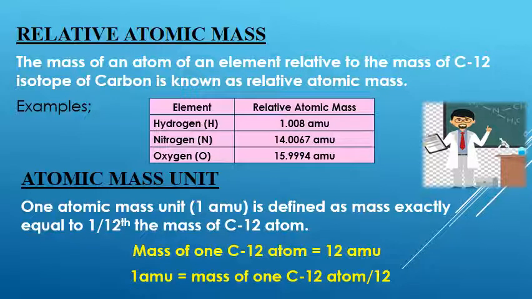So 1 AMU is the mass of one C12 atom divided by 12. AMU is the unit that is used to describe relative atomic mass of different elements, and relative atomic mass is the older terminology for the modern day terminology known as atomic mass or mass number.